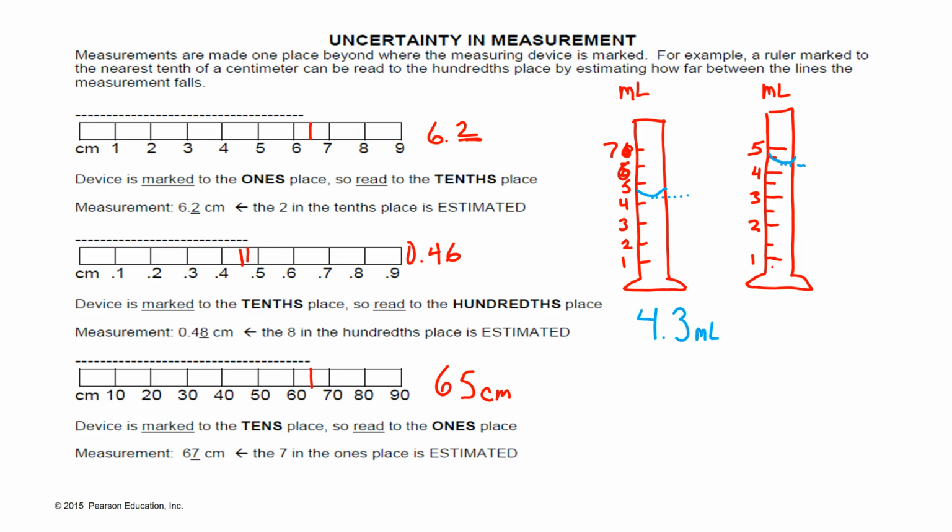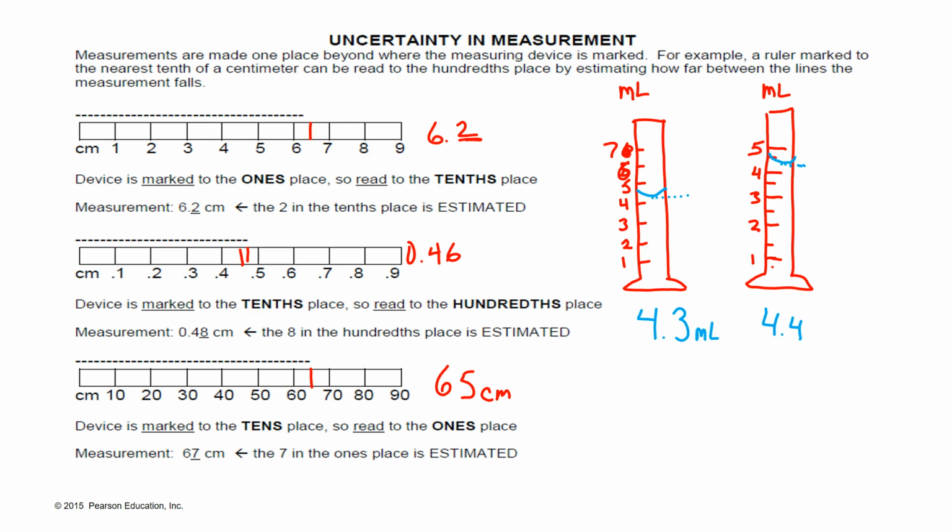All right. Now on this one, we know 4 for certain. We know it's less than 5 and greater than 4. I also know this tenths number for certain to a pretty good degree. I know it's less than 0.5, and it's pretty close to that 0.5, so I can almost say 4.4 there.